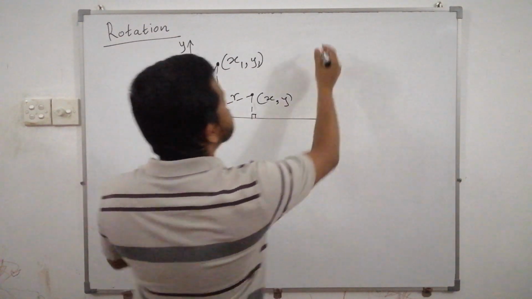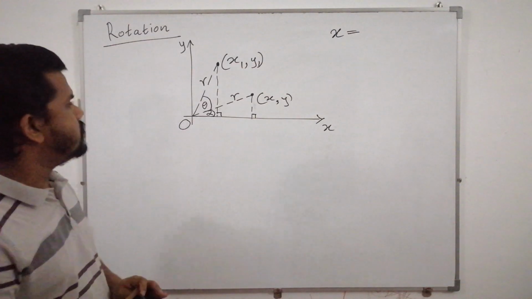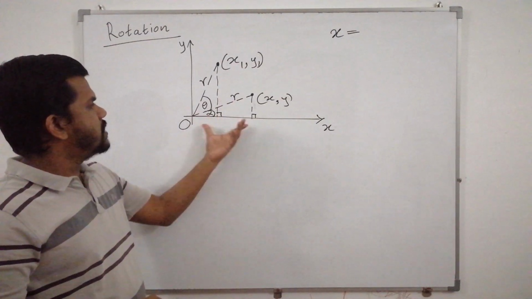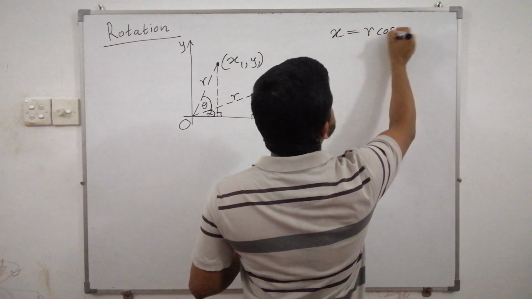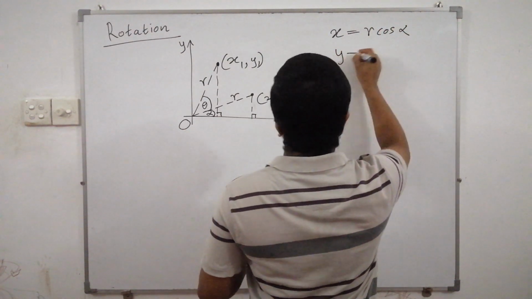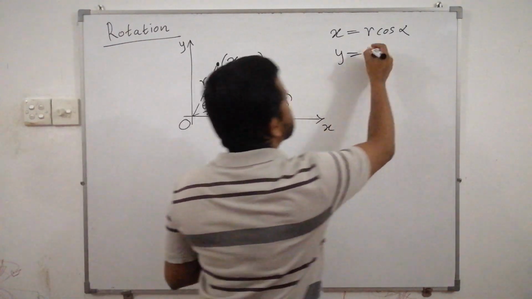So if we consider this triangle, x means r cos alpha, y means r sin alpha.